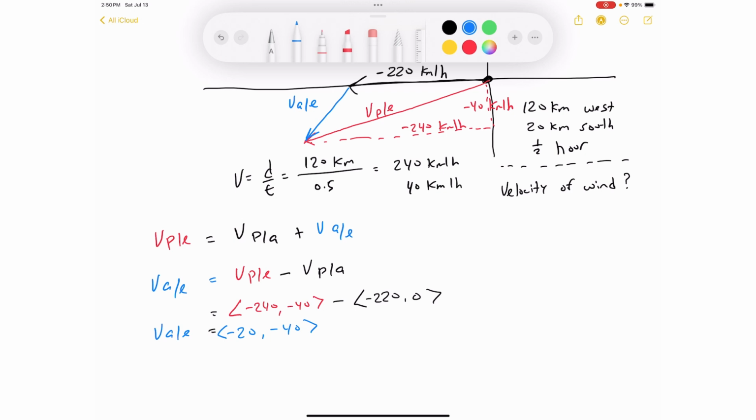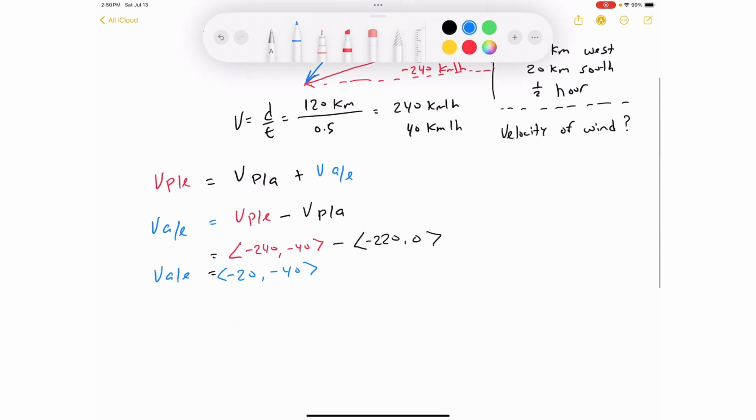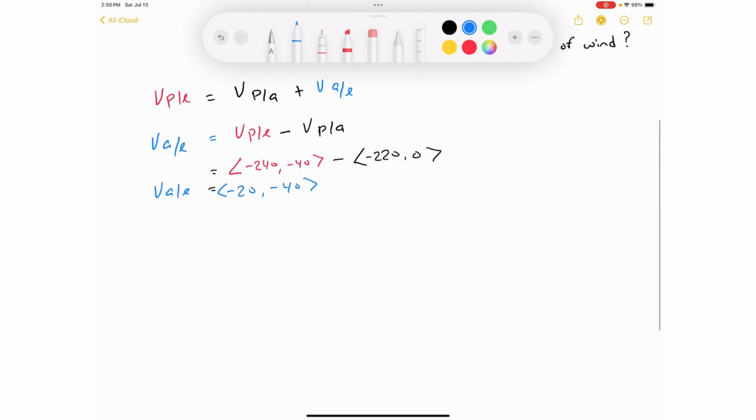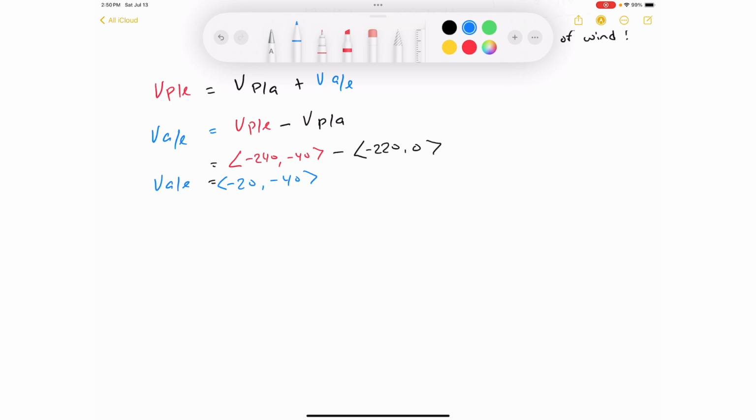That's great, but that doesn't actually tell you how fast it's going. If you want to know how fast it's going, obviously you'd want to take the magnitude of the velocity. It's equal to the square root of negative 20 squared plus negative 40 squared, and I'm going to pull up my calculator real quick and do that.